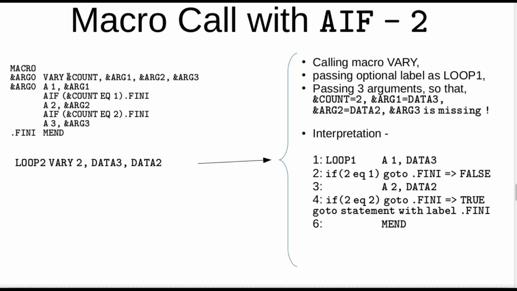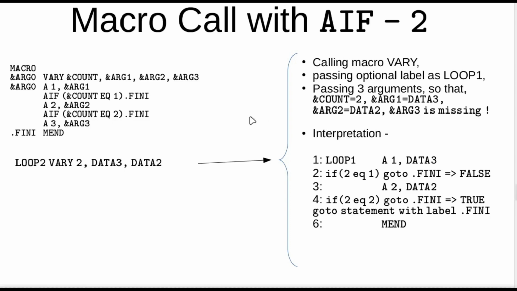If you see, we actually have 4 arguments in the macro definition, but right now during macro call we have only passed 3 values, so each of these corresponds to a specific argument, and for the 4th argument no value is passed, right? So a particular value for ampersand arg3 is missing.